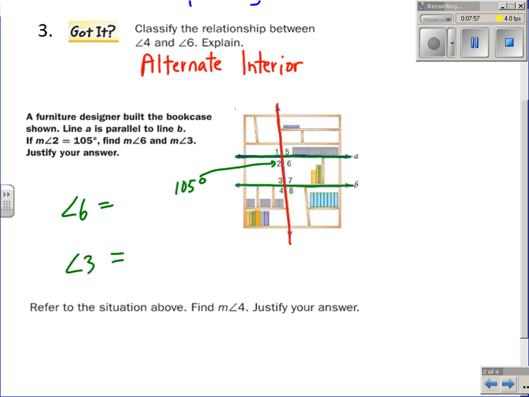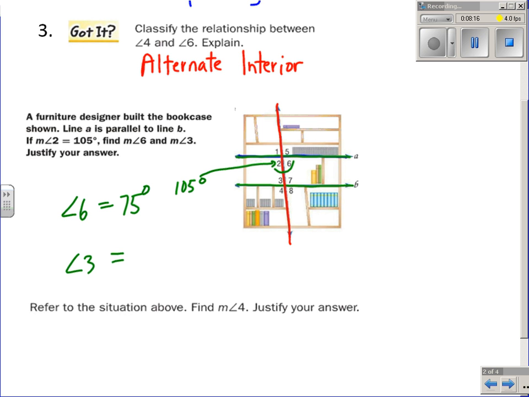All right, so angle 2 is supplementary to angle 6, which is right next to it there, which means those angles add up to 180. If angle 2 is 105, you guessed it, angle 6 would be 75 degrees.